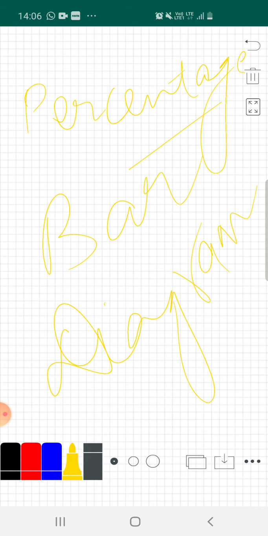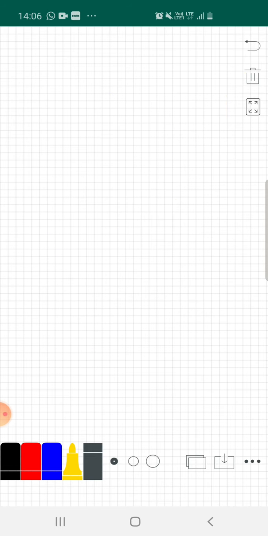The percentage bar diagrams are used generally when the values are of high magnitude. So in that case, when a question is given to you to present the data using a percentage bar diagram, first we have to find out the percentages. Now let me read the question first of all.